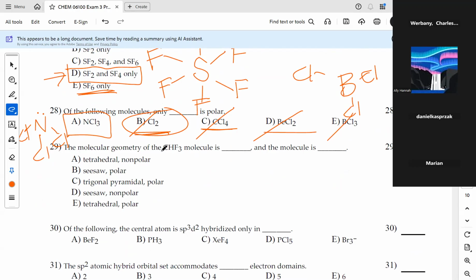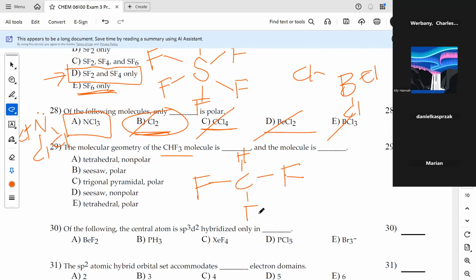All right, so now we have molecular geometry of CHF3. We're going to have our carbon in the middle, and then we have four things bonded to it: a hydrogen and 1, 2, 3 fluorines.